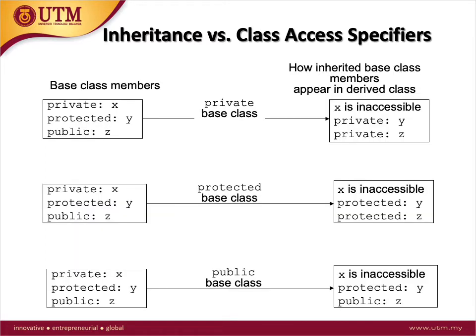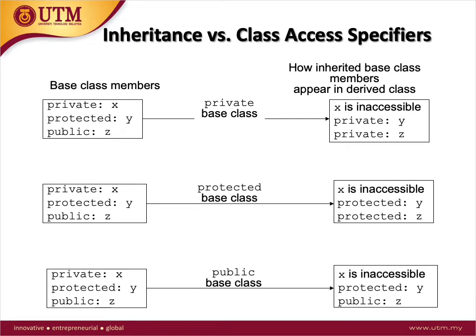In this slide, you can see an overview of the private, protected, and public access specifiers using the inheritance specifier, and how the derived class can access the members from the base class. On the left side is the base class member, and the right side is the derived class member.